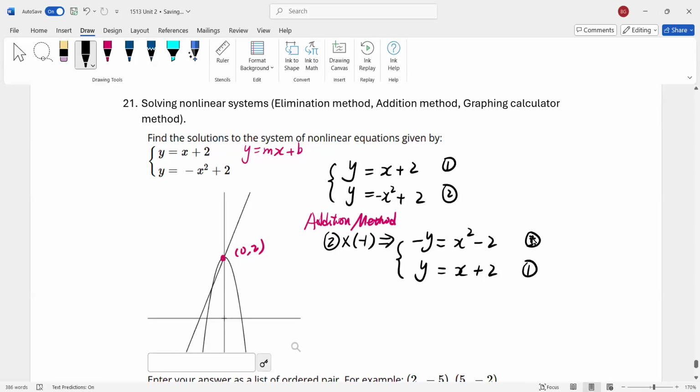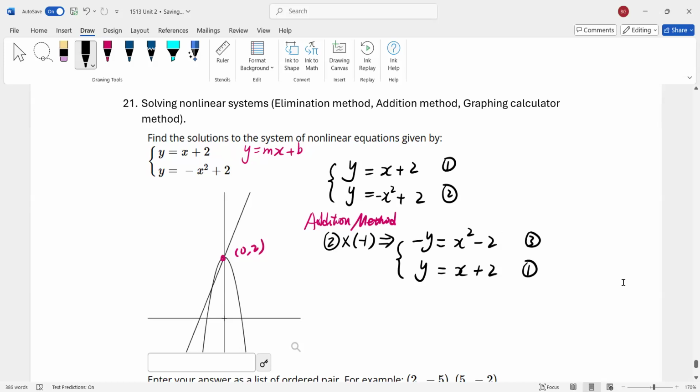Equation 3 is a modification of equation 2. We get equation 3 by multiplying all three terms of equation 2 by negative 1. So positive y becomes negative y. Negative x squared becomes positive x squared. Positive 2 becomes negative 2.